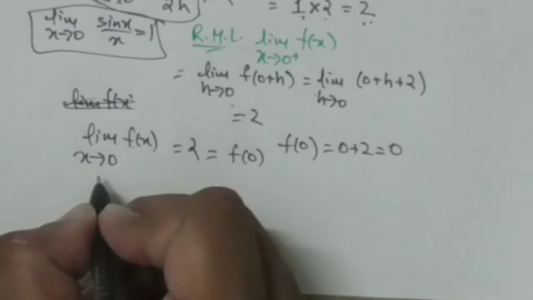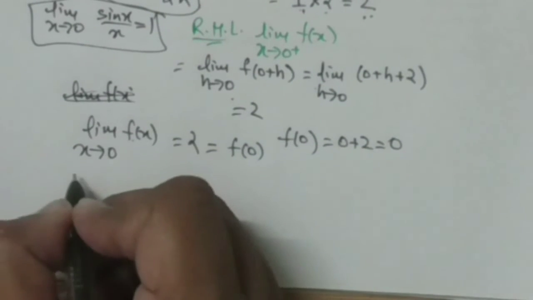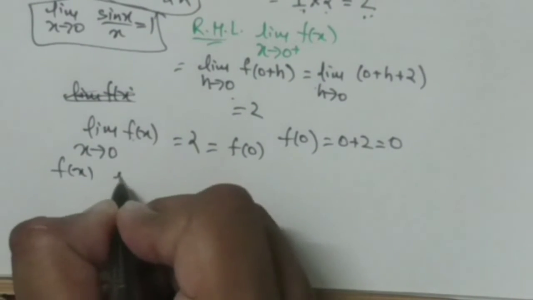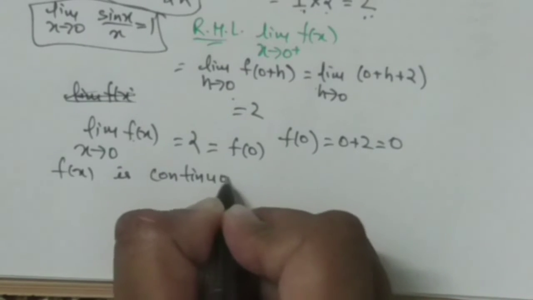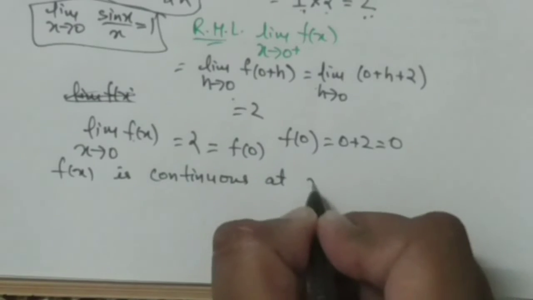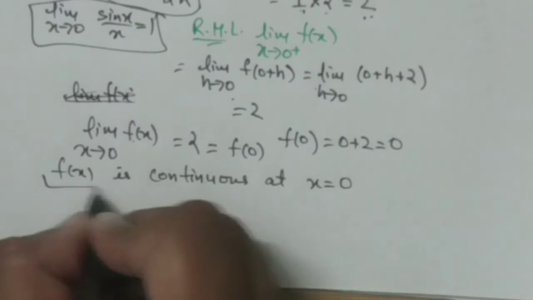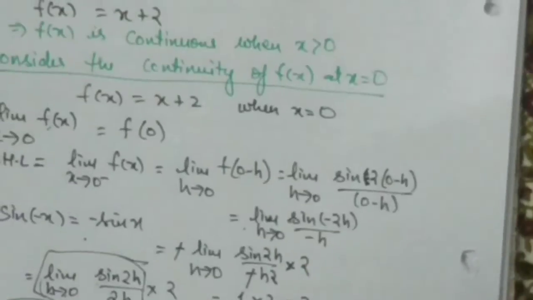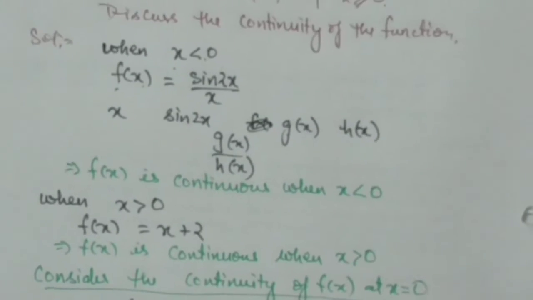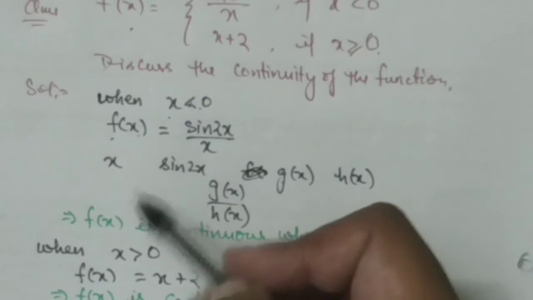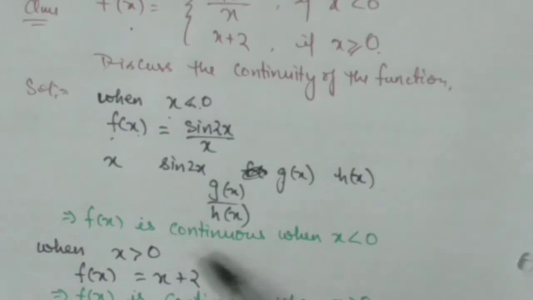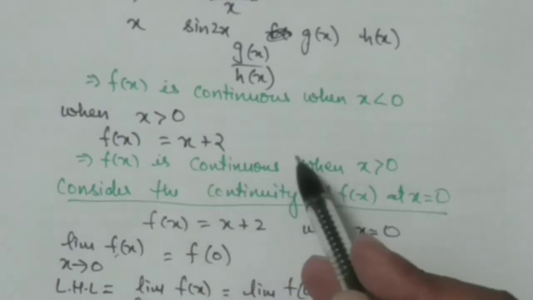It means this function f(x) is continuous at x is equal to 0, right? So here I have proved that this function f(x) is continuous when x is less than 0. This function is also continuous when x is greater than 0.